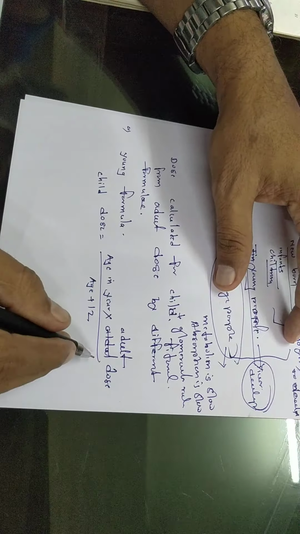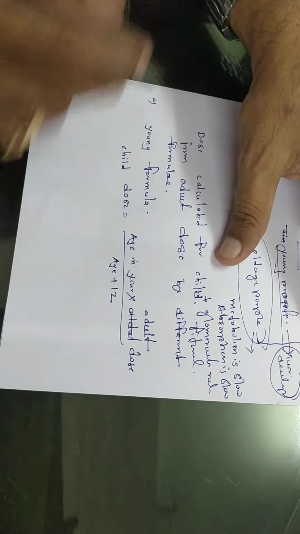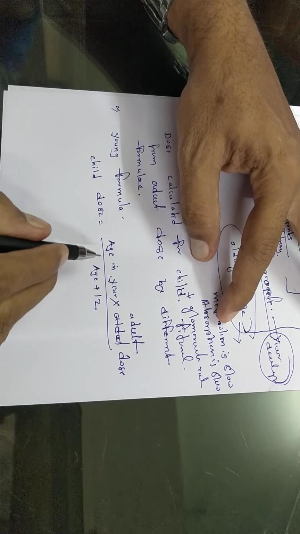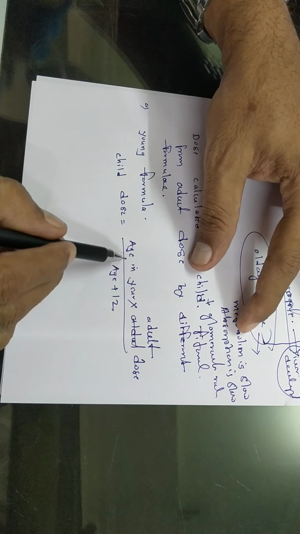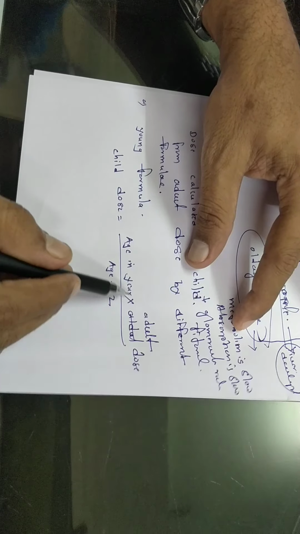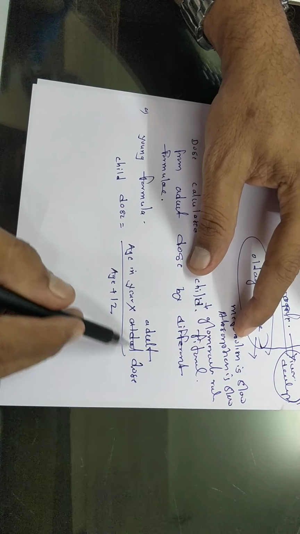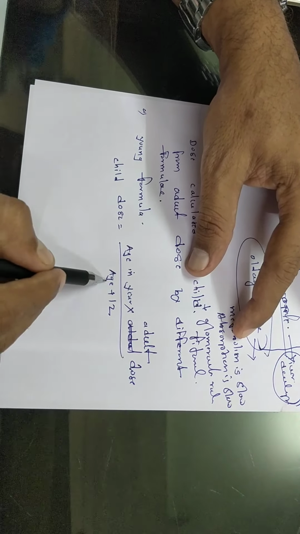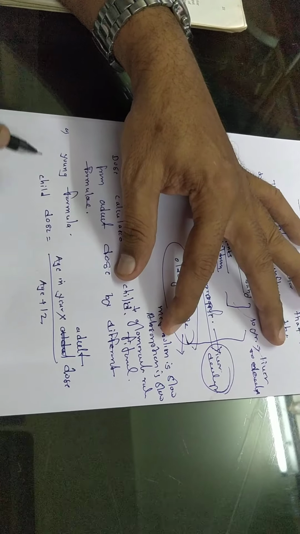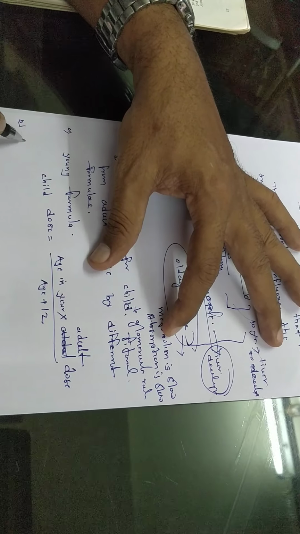That is Young's formula. Again, for the children's dose, calculate age in years into adult dose divided by age plus 12. The second formula is Dilling's formula.